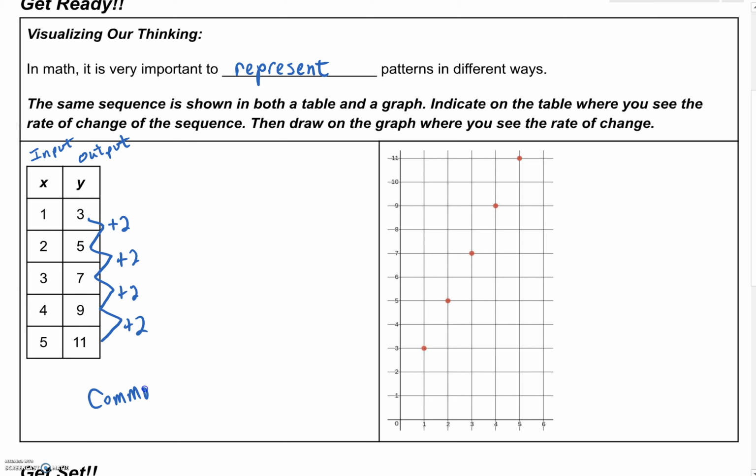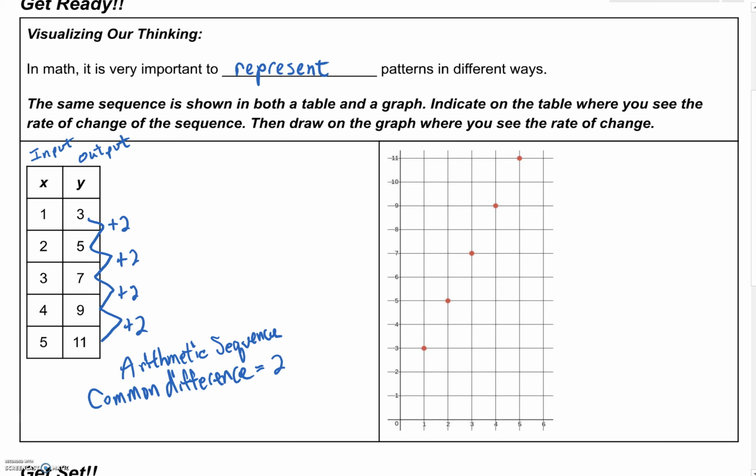That is something that we have been working on quite a bit. Our common difference is going to equal 2 because we are adding that value of 2 to the preceding term each time to get to our next term. We have an arithmetic sequence.